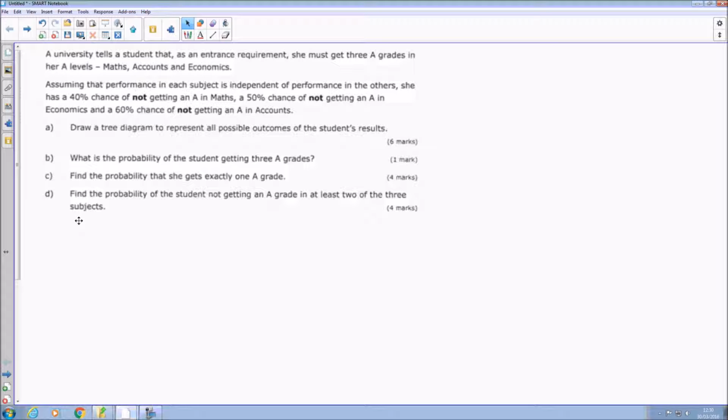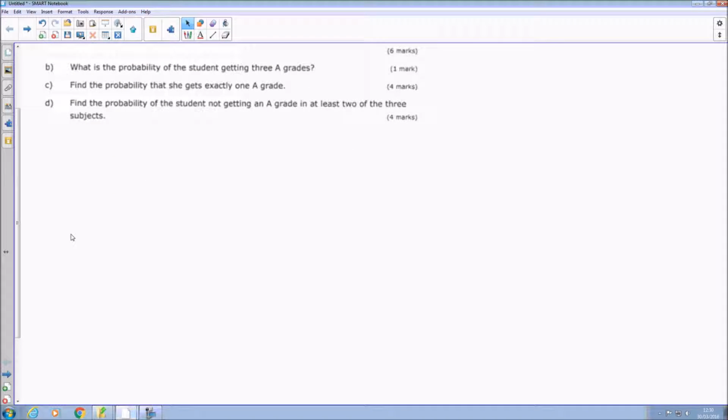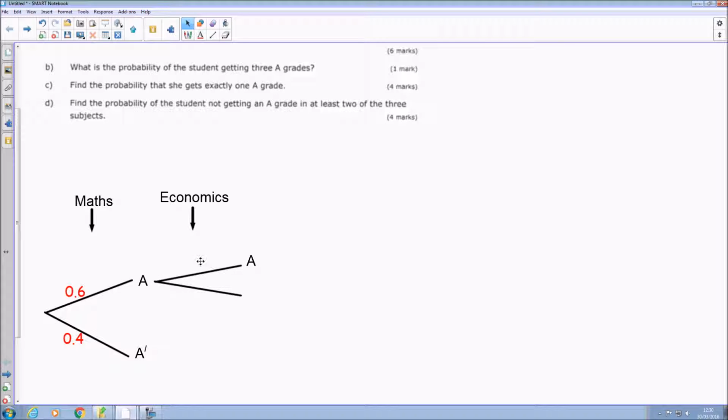So the first thing we have to do is draw a tree diagram to represent all the possible outcomes of the student's results. The probability of getting an A is 0.6, and therefore the probability of not getting an A is 0.4. In economics, the probability of getting an A is 0.5, and the probability of not getting an A is also 0.5.